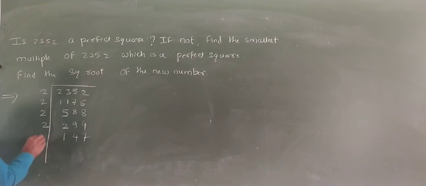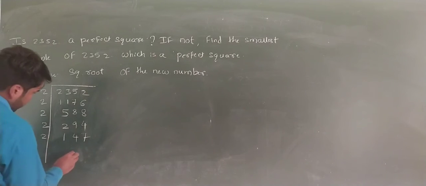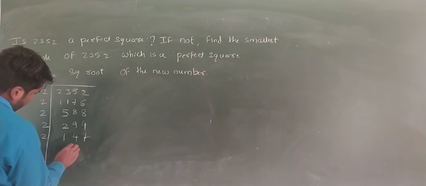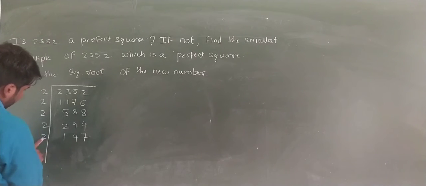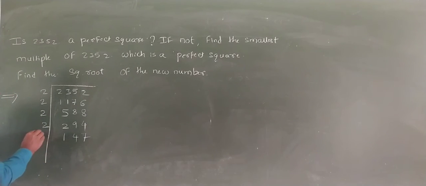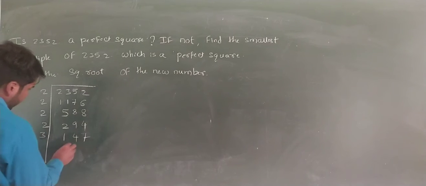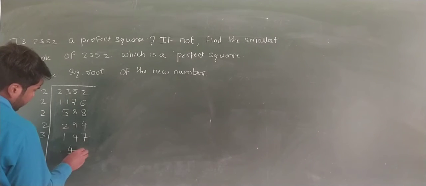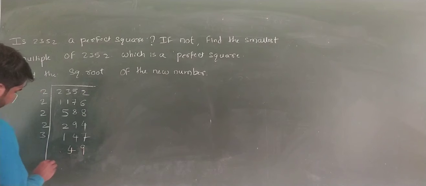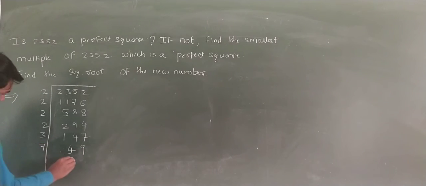Similarly, 2 6s are 12, go with 3 1. The last digit is 7, go with 3: 3 4s are 12, 2 remains, 3 9s are 27. Similarly 7 7s are 49, 7 1s are 7.